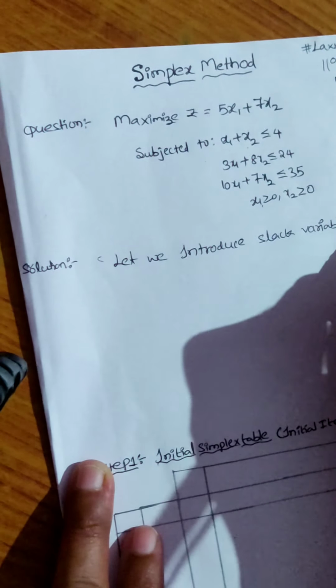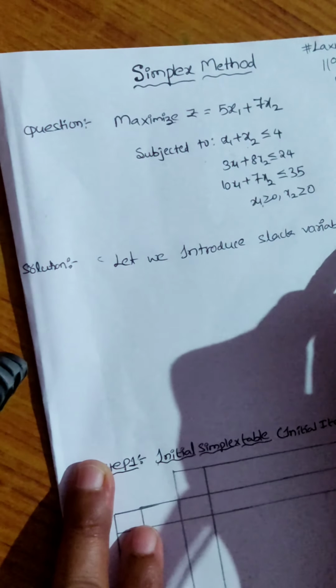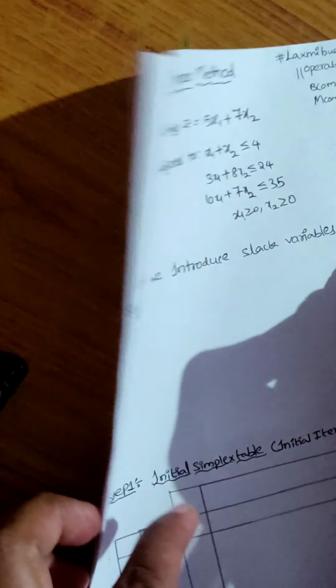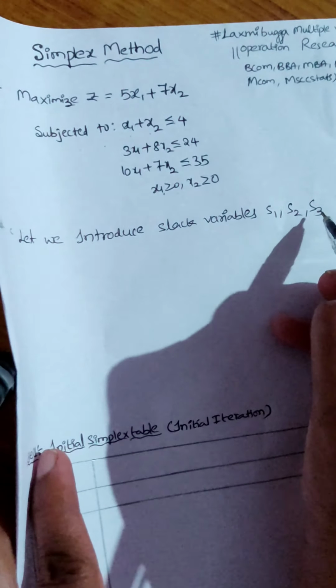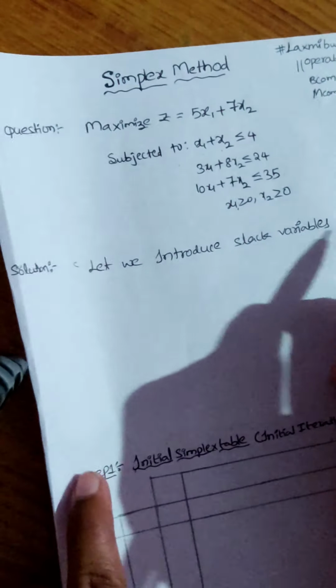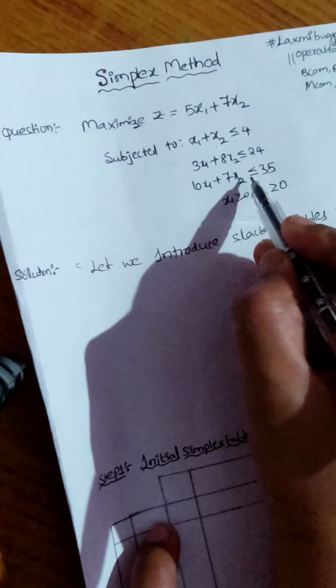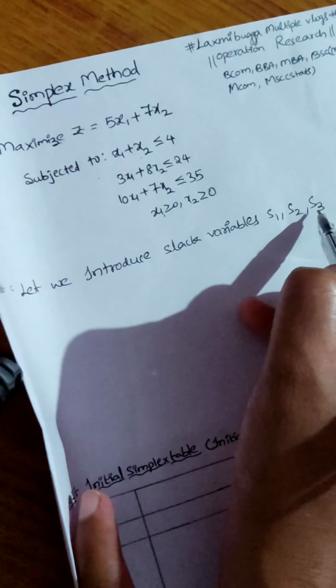So I am introducing s1, s2, s3. s1, s2, s3 are known as the slack variables. Because the question has less than or equal to constraints, we are introducing slack variables s1, s2, s3.